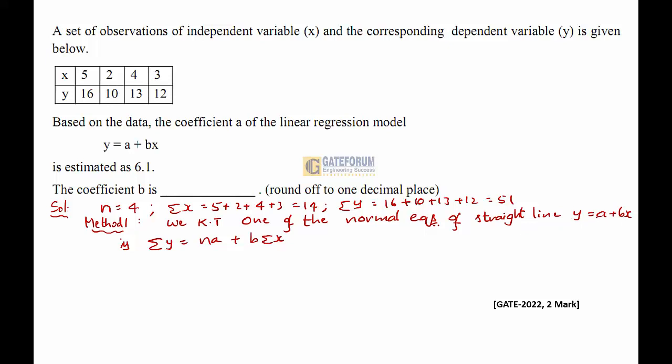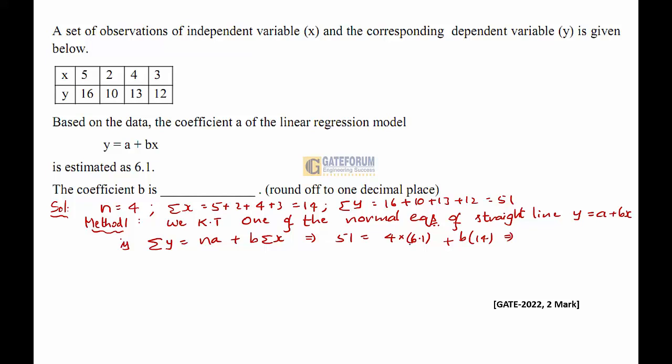That is, summation a means a should be added itself n times. So from this summation y is 51, n is 4 into a value 6.1, which is given already, plus b times summation x, which is 14.